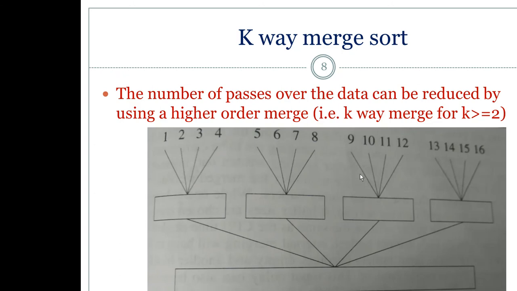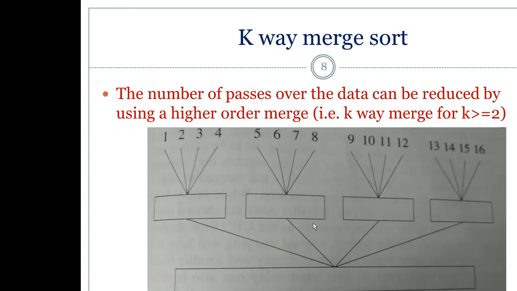These 4 runs will be given as the input to the next pass. The third pass will have these 4 runs, and those 4 runs will be merged. So as there are 16 runs, but we are considering a 4-way merge sort algorithm, the number of passes required is only 3. So if we increase the order of k, then it reduces the number of passes.